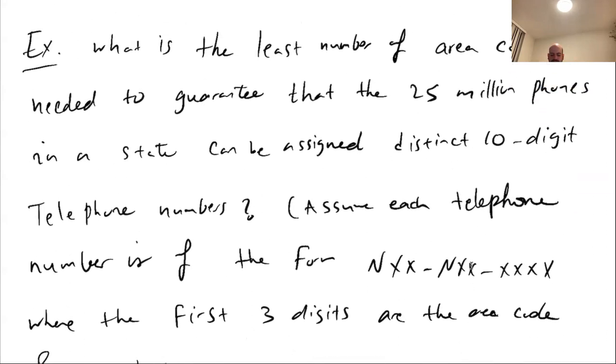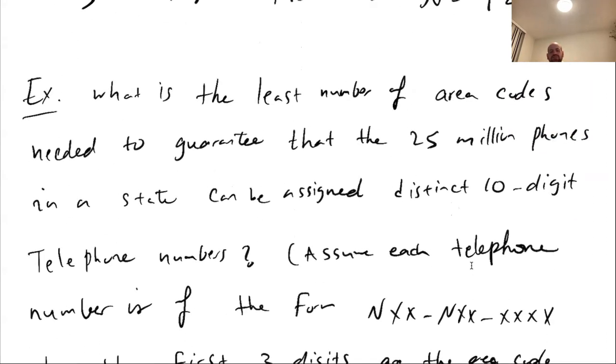Okay, so let me explain this question. In Vancouver, for example, Greater Vancouver, we had 2 area codes previously, 778 and 604. But recently, it seems those 2 were not enough, and 1 area code was added, I think it was 236.